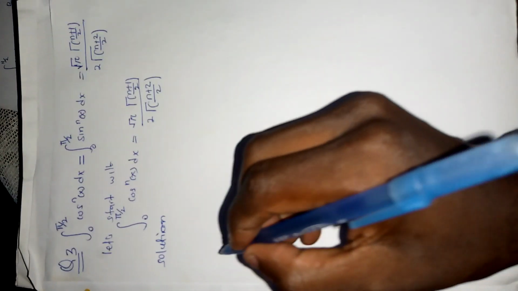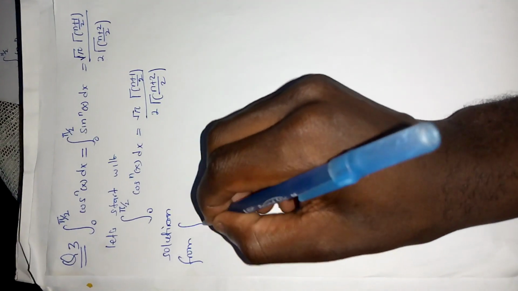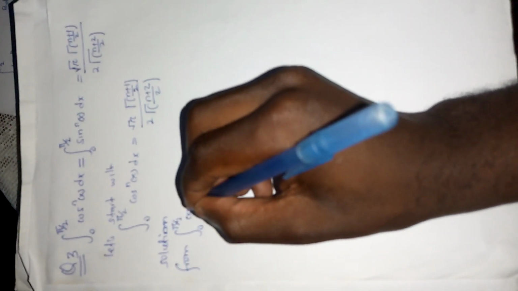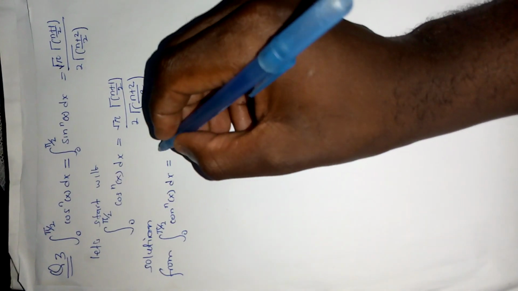Actually, then we shall say from this function dx. So we want to put it in the form of the trigonometric function of gamma.